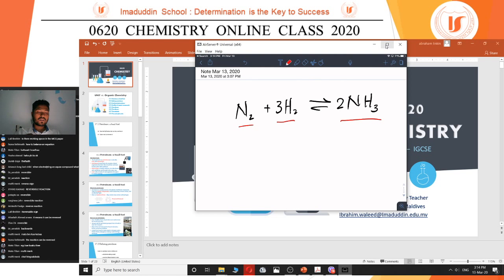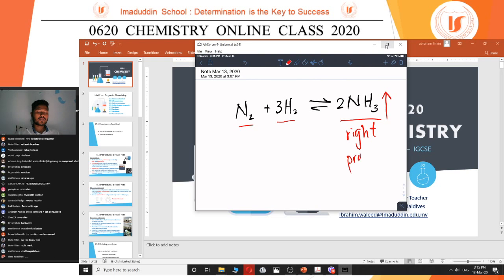If the amount of ammonia formed is higher, then we say equilibrium shifts to the right side, or to the product side. And equilibrium shifts to the left side, or to the reactant side, as well. So how equilibrium shifts depends on 3 conditions.